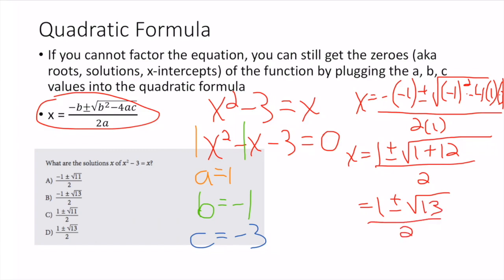And when I do that, I end up with D as the correct answer. So the only tricky part about the quadratic formula is that we make sure that it's in standard form before we get our a, b, and c values. And from there it's just plugging in and solving.